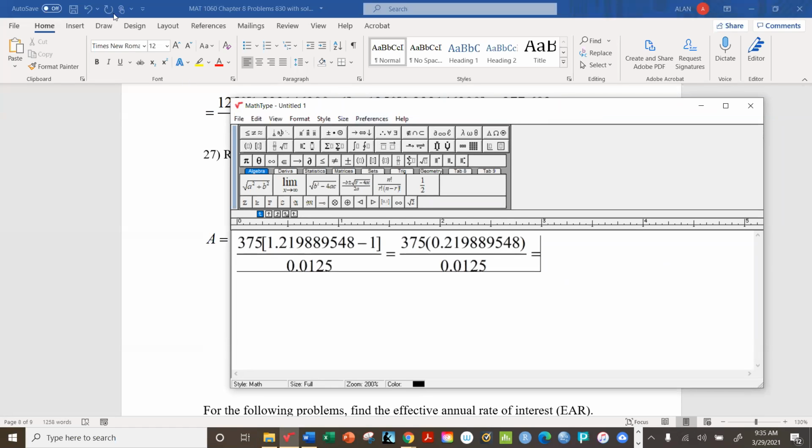So the ratio you've actually got is 82.4585839 over 0.0125. And again, there could be some rounding differences, but you should end up with approximately 6596.69, it looks like. Yeah, that's good.